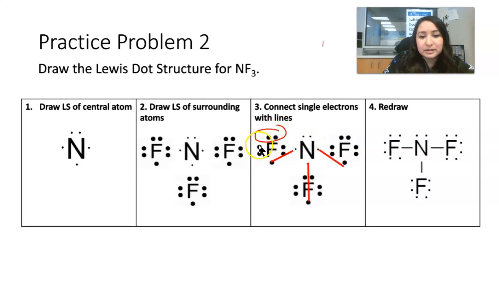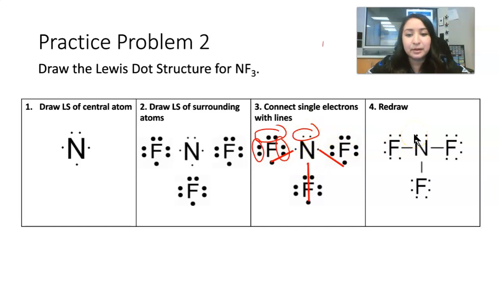So this is a pair, this is a pair, and this is a pair. With this nitrogen, we have a pair right there on top. So those are electron pairs, or lone pairs you call them as well. So we just move them around. That way, the single ones that were initially there are facing the nitrogen, and then they can create 3 bonds that are the same size, perpendicular, and symmetrical.